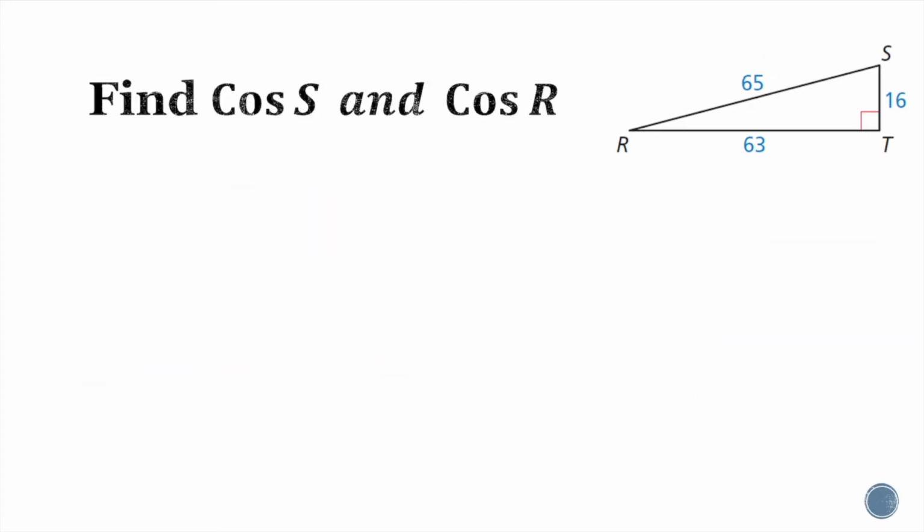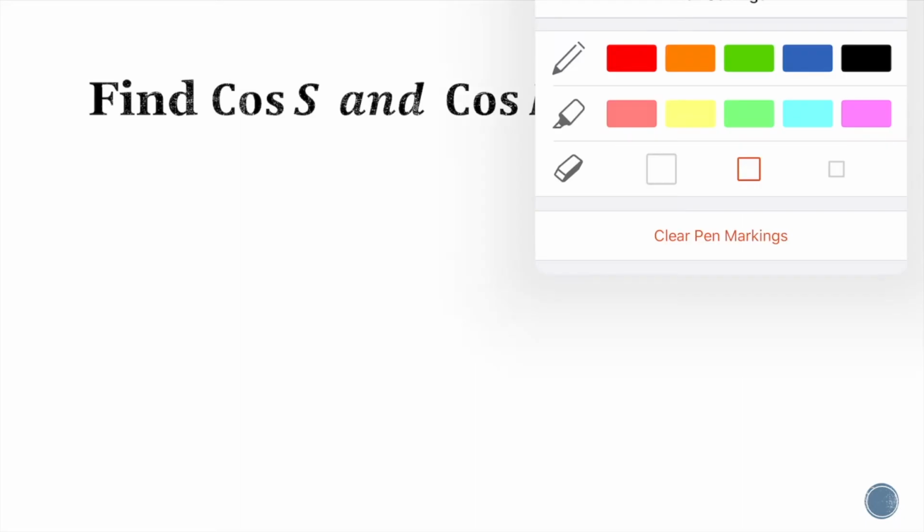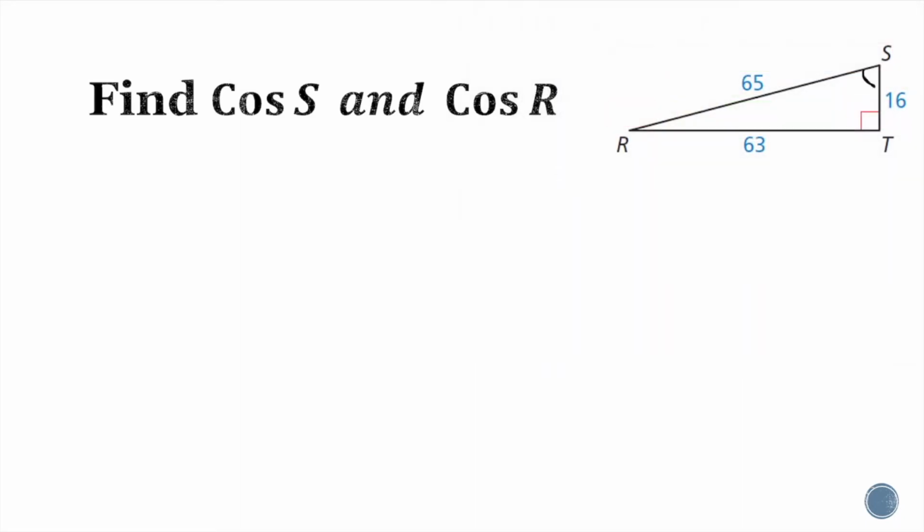So now we have cosine of S and cosine of R for the same triangle. I'm going to start the first one. I have my angle S. Again, the opposite side of angle S is 63. The adjacent side is 16.